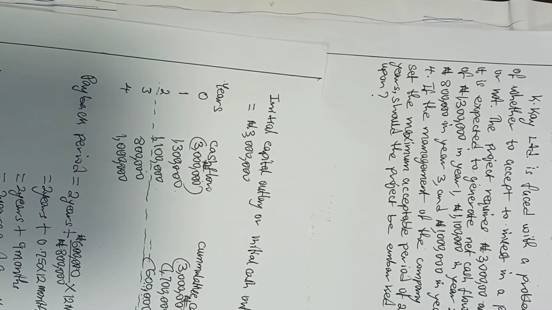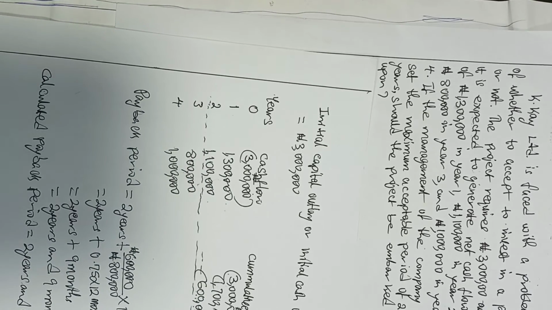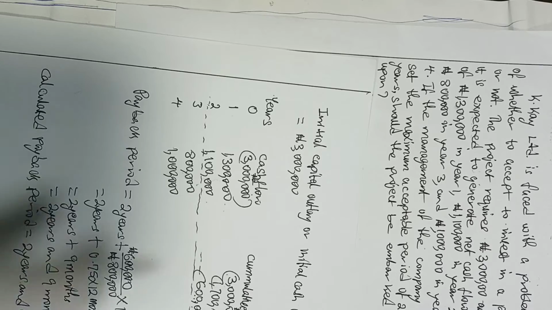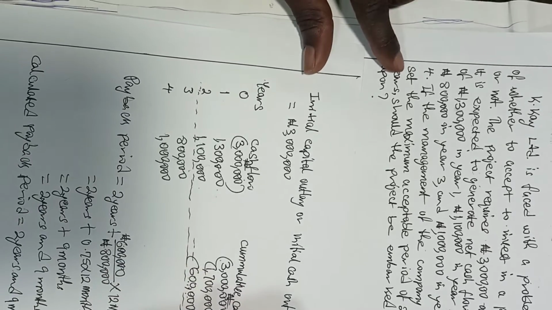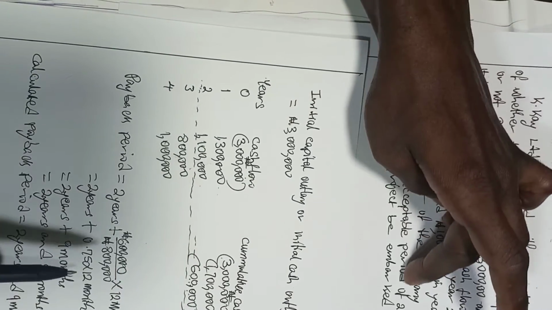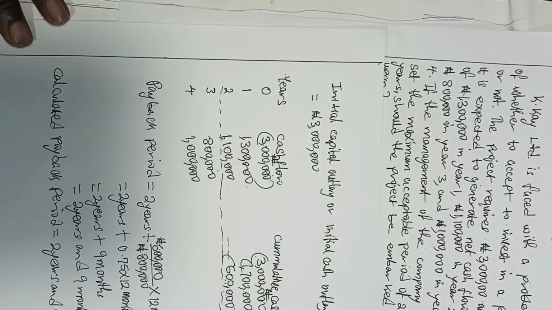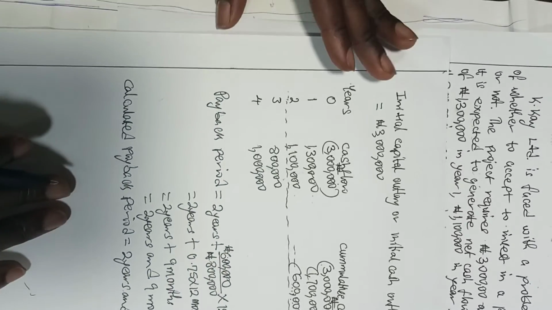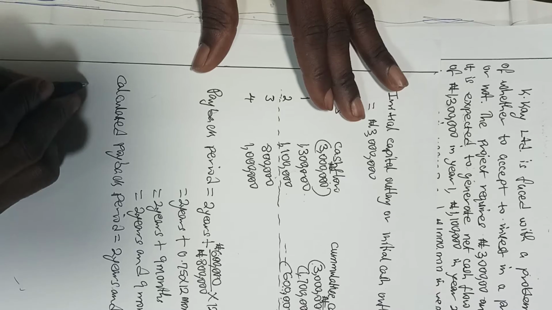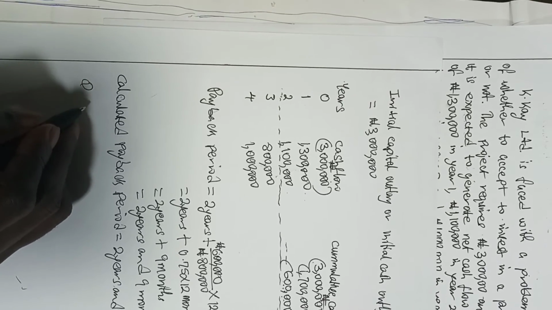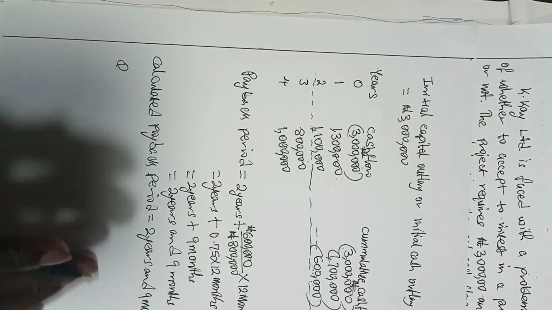So the project should be rejected. This project should be rejected because it is higher than the company's maximum acceptable period. So we first write our decision rule, because that's how we normally do it.